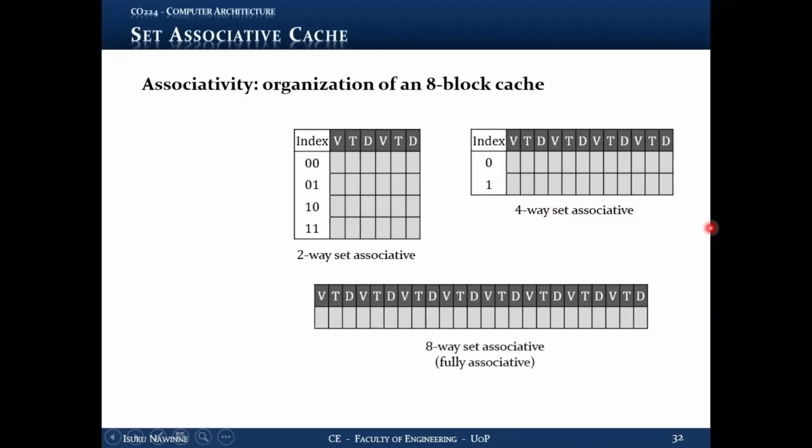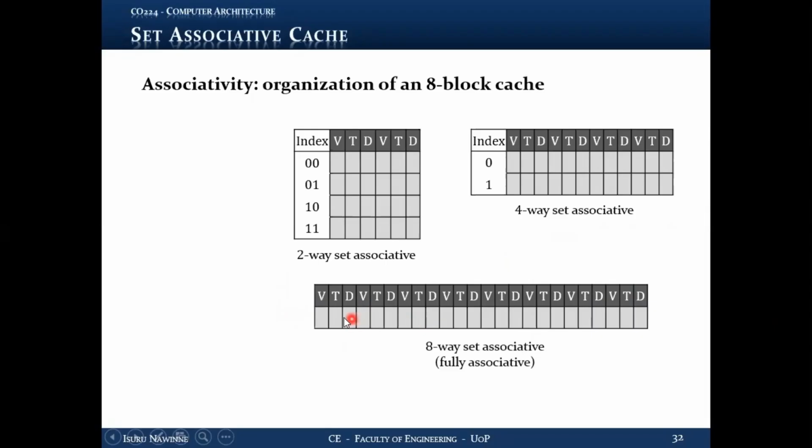If we arrange the same thing as an 8-way set associative cache, it becomes a fully associative cache. You don't have the index field anymore. You only have 1 index, so there's no point in using a bit field from the incoming address. There is only 1 entry that you have to refer to anyway, right? So we have dropped the index entirely. No index field from the incoming address.